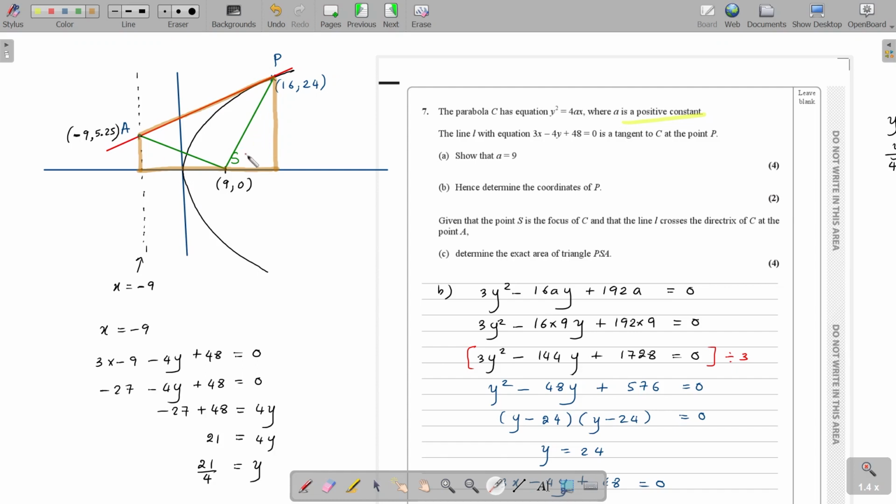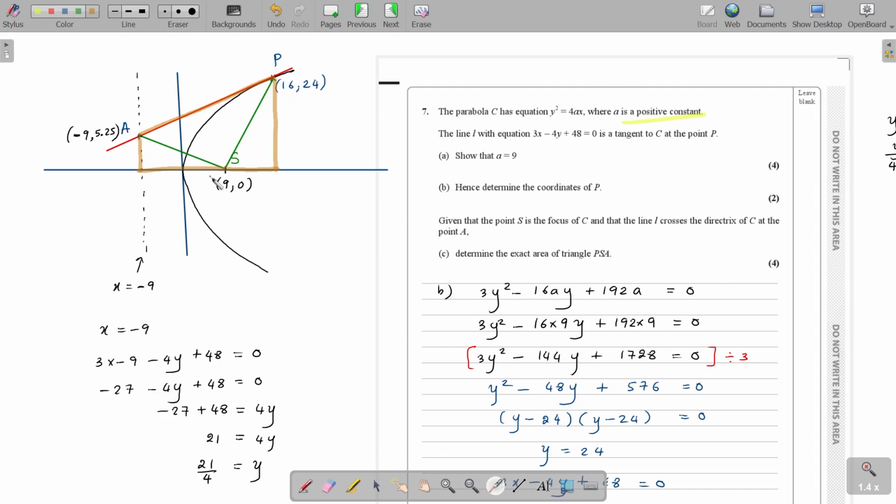Okay, so one common misconception is that some of you might think this is a right angle here and go for a right angle triangle taking PA and AS as the base and height. That also we do not have any confirmation of. Unless you get the gradients and see whether the product becomes -1, you can't just assume there's a right angle here. This is based on the questions I'm hearing right now.